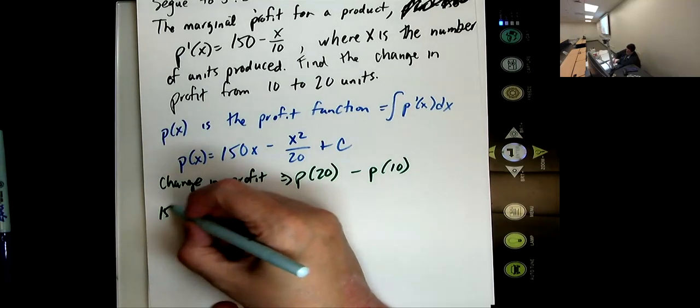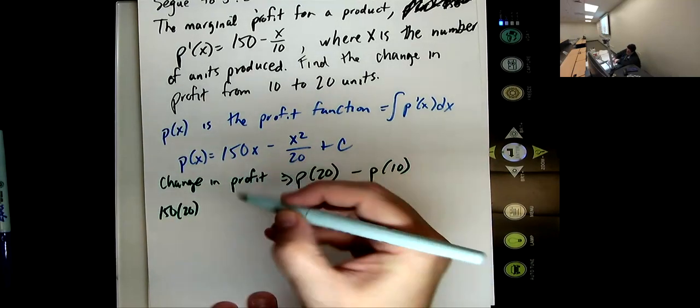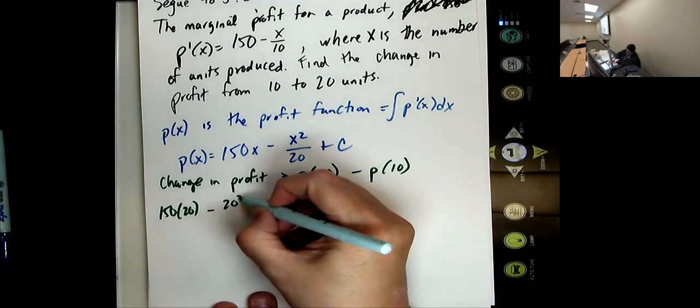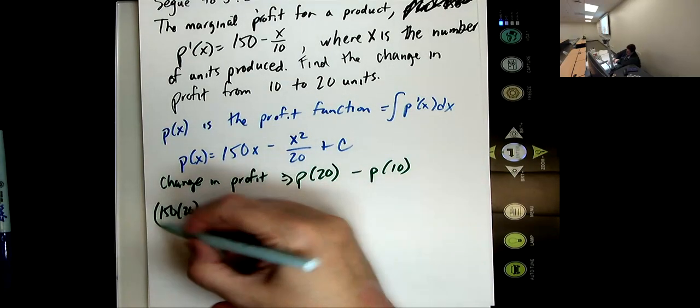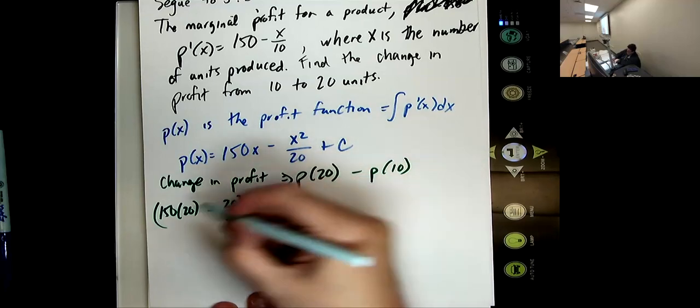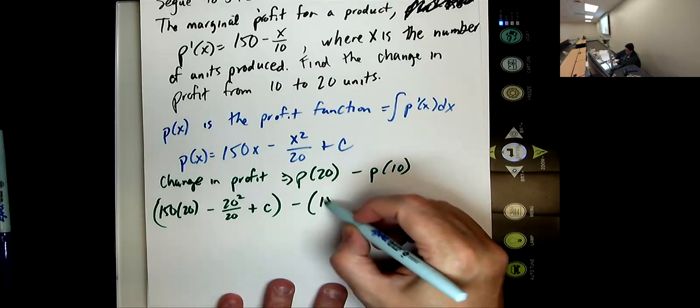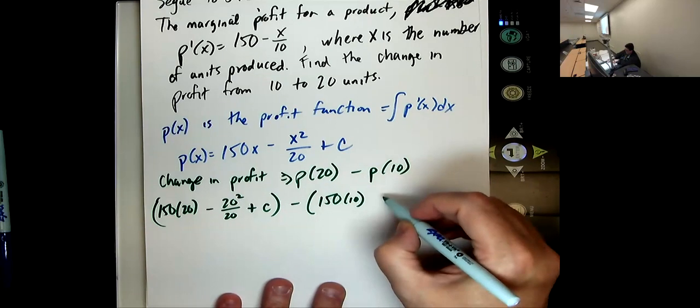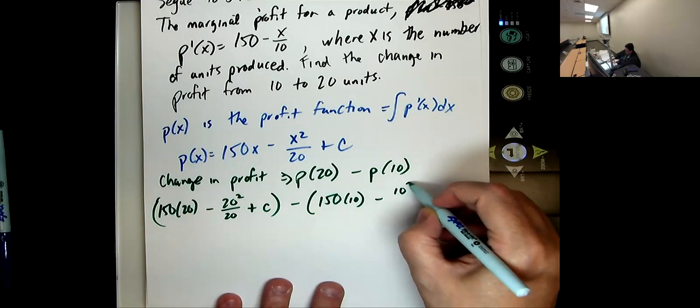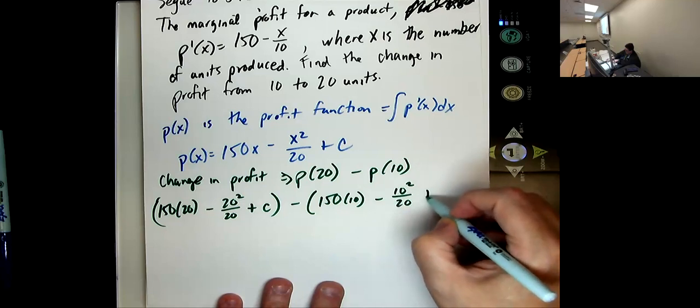So we have 150 times 20 minus 20 squared over 20 plus C, minus 150 times 10 minus 10 squared over 20 plus C.